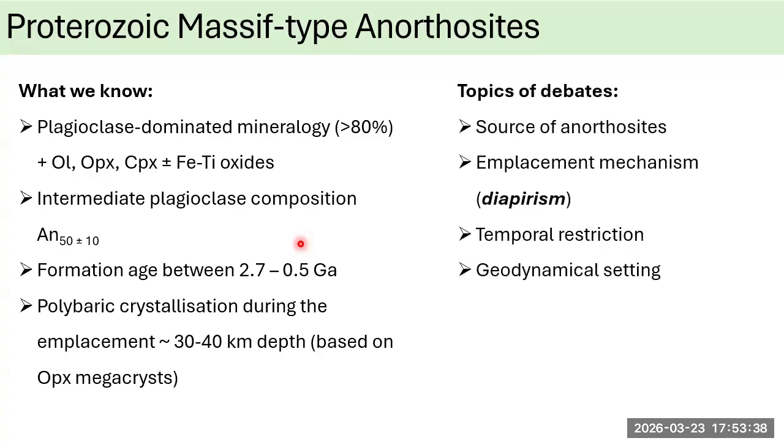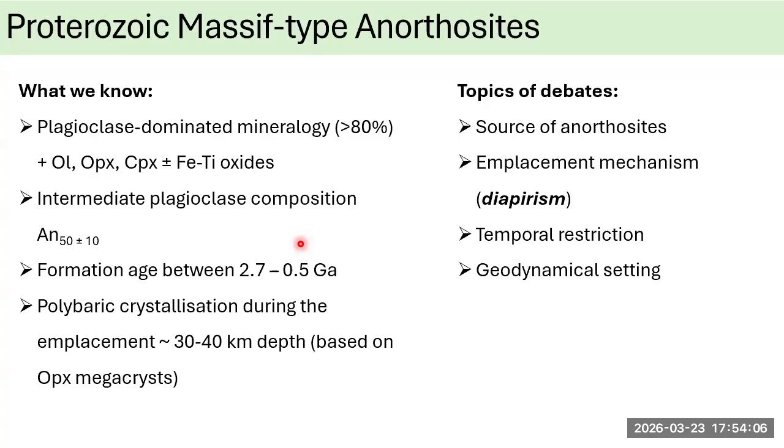What we debate about these rocks is, how did we get these anorthosites? What is the primary magma? It's not anorthositic magma. They crystallize from basaltic magmas, but we argue how much component is mantle and how much is crustal. We also argue about how they're emplaced in the crust. The most mainstream model is that they rise as diapirs.